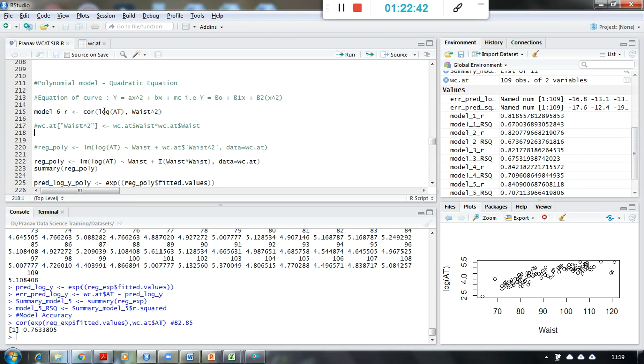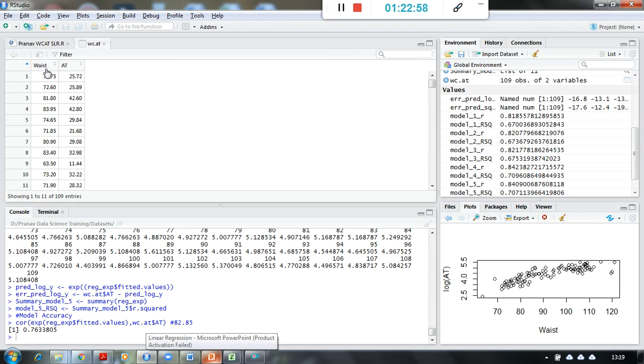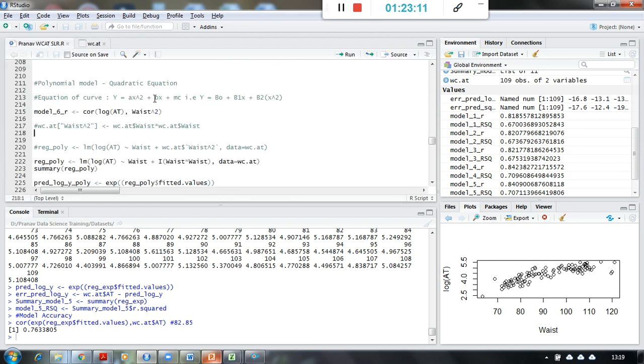So we have already checked the correlation between log of AT and West, right? So I'm going to check only for West square now, because the equation of a curve means I'm using the same variable West, but I'm going to add one more variable here. AT is going to be my output variable, and West is my input variable, which is my bx, something like y equal to beta naught plus beta 1 x plus beta 2 x square.